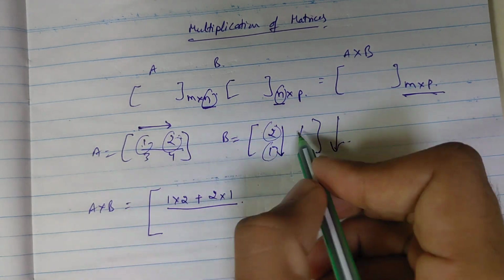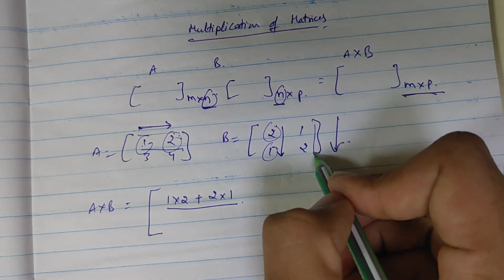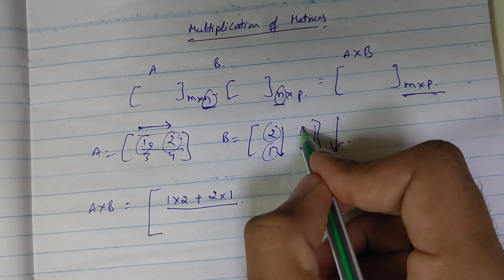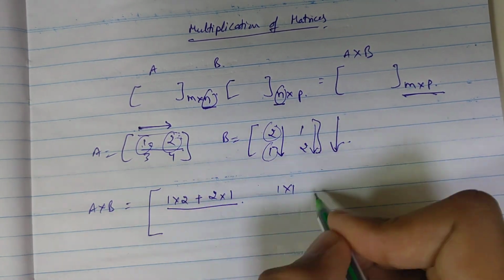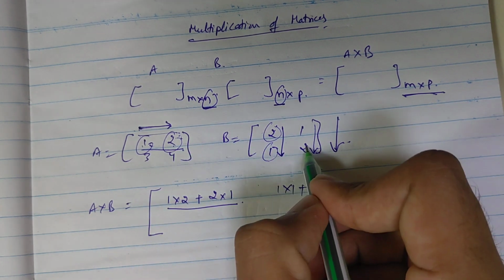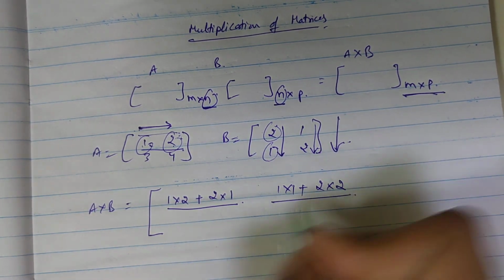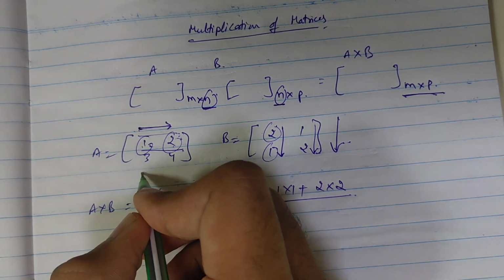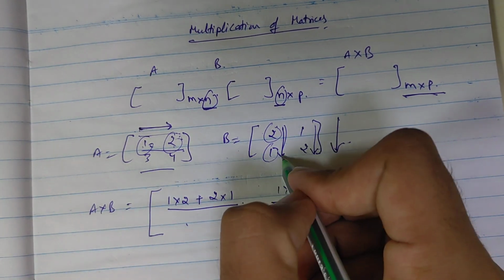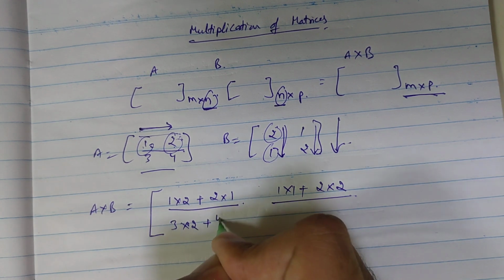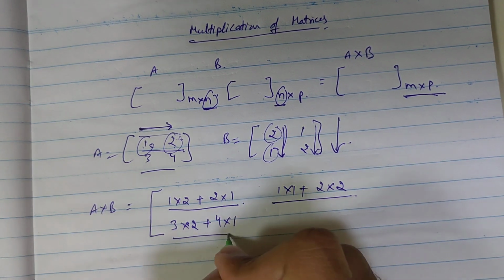Then first row with second column, so 1 into 1 plus 2 into 2, this is the second element. Now take the second row with the first column, so 3 multiply 2 plus 4 multiply 1, this is the third element.